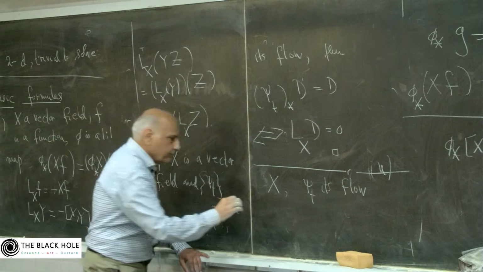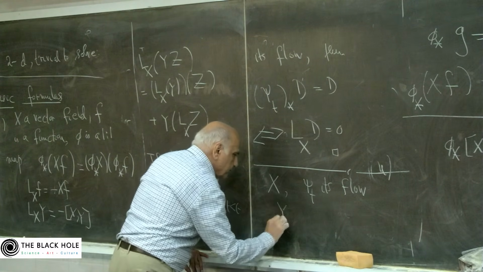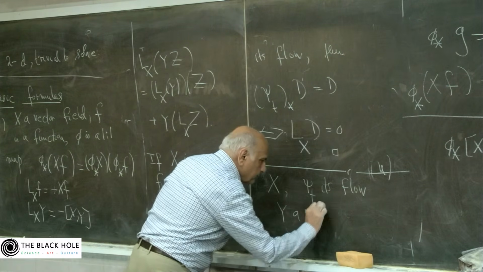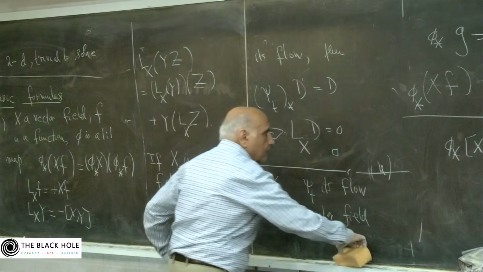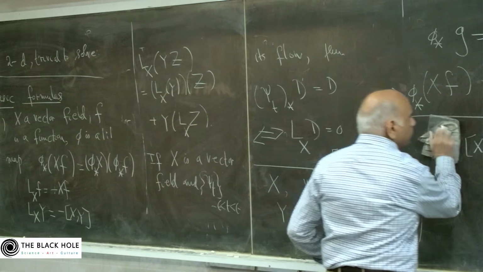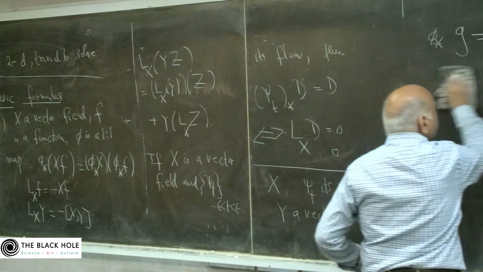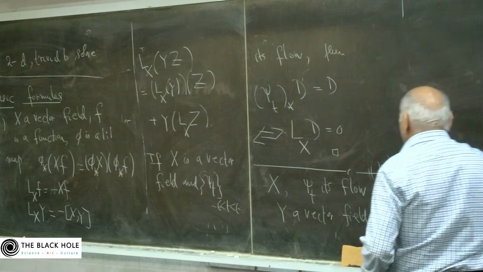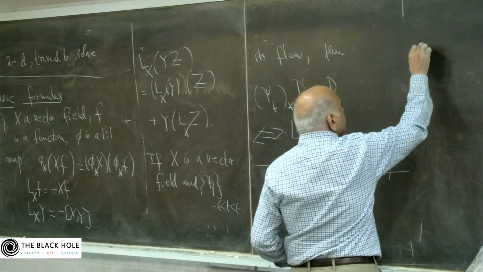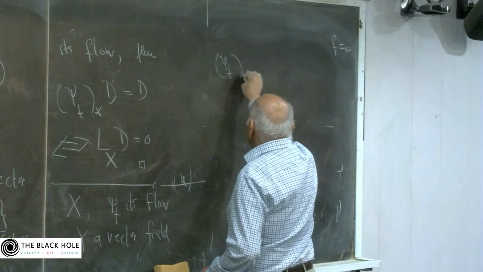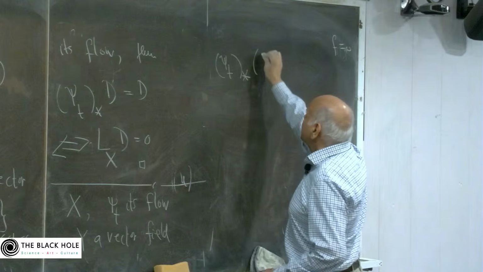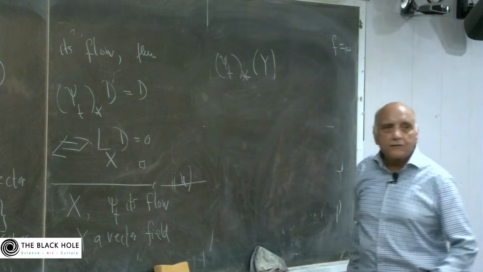Y is a vector field. Maybe we should discuss this in the discussion. No, but let's just, because it's good for this rule. This is not a vector field?